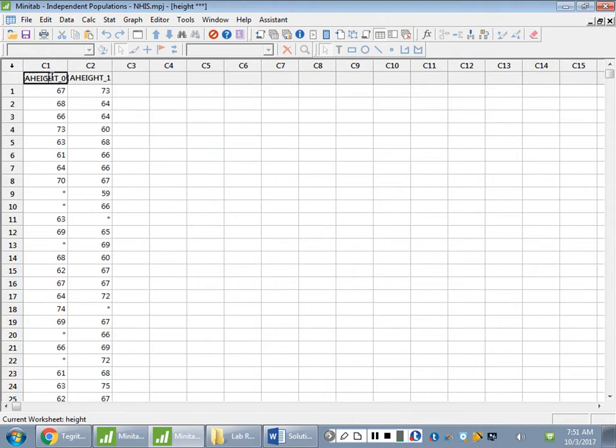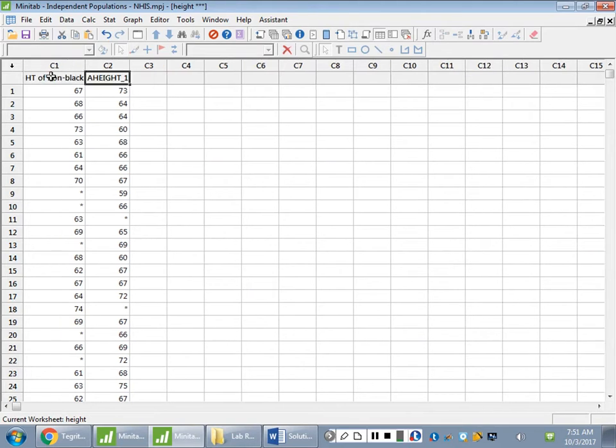And just to remind you, I'm going to rename these for us. This is the height of non-black, and this is the height of black. A little bit simpler in terms of getting that for us.